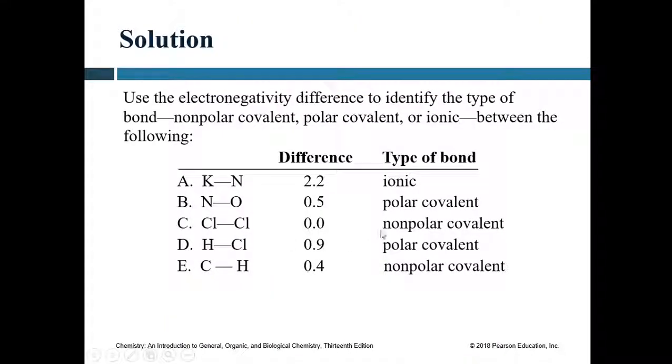So 0.9, of course that's polar covalent. Whereas a carbon to hydrogen bond, and that's what a lot of oils have in them, is 0.4 nonpolar covalent, and that is a reason why, we'll learn later, your oil and water do not mix.